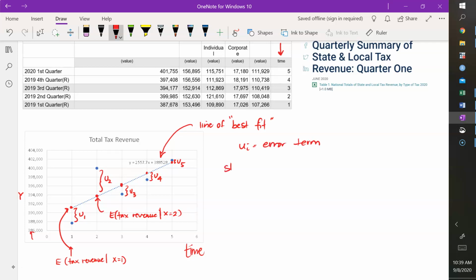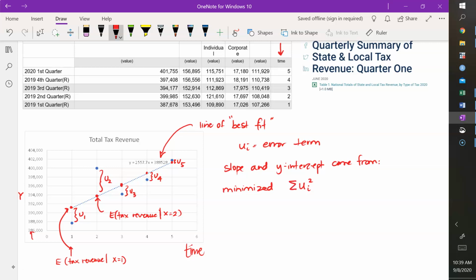So the slope and the y-intercept of this line of best fit come from a function that minimized adding up all the error terms, squaring them so they don't cancel each other out, and summing them.